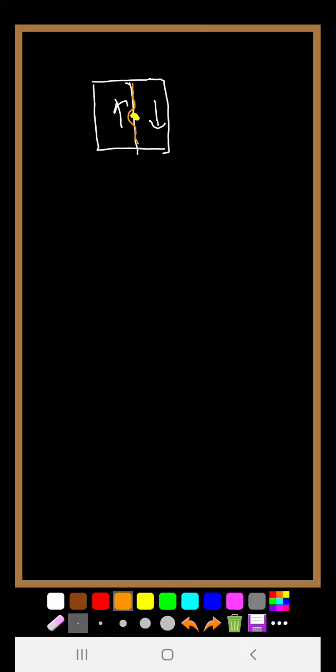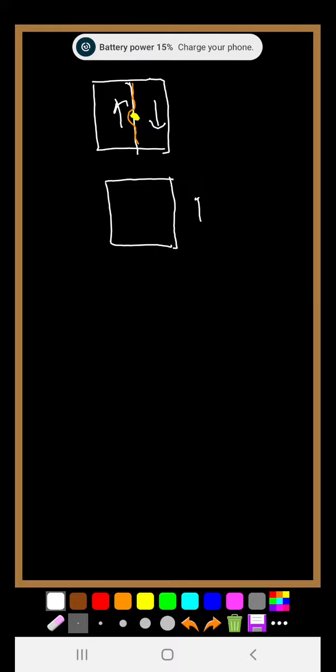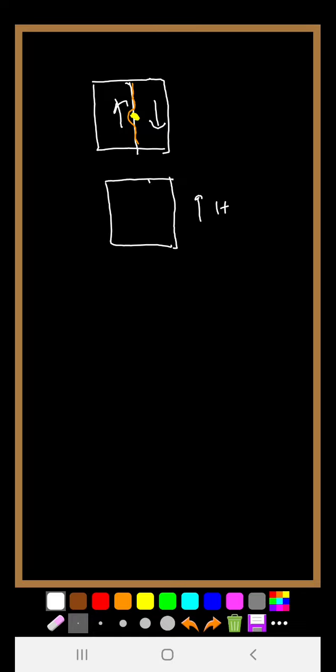Now to unpin the domain wall, we need to apply an external magnetic field. What the external magnetic field will do is shift the domain wall such that it is no longer touching the impurity. So even though the impurity is present here, since the domain wall has shifted, it is unpinned.